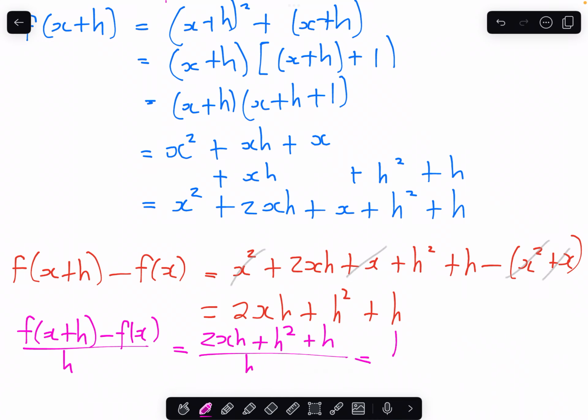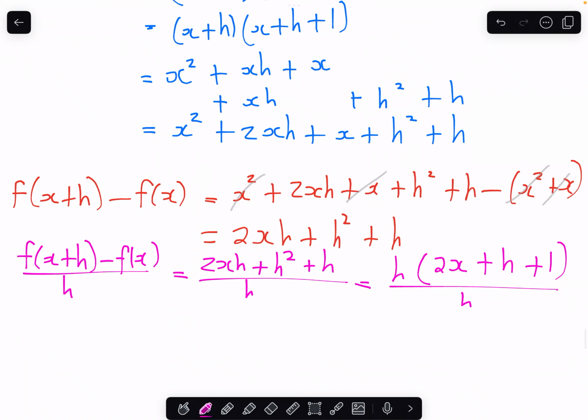If we factor out the common h up there, we've got h times (2x plus h plus 1), and down here we have the h. For any h values that aren't 0, this will simplify to 2x plus h plus 1, if h is not equal to 0.